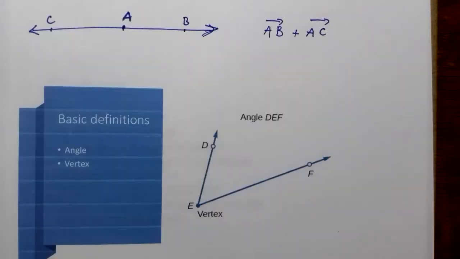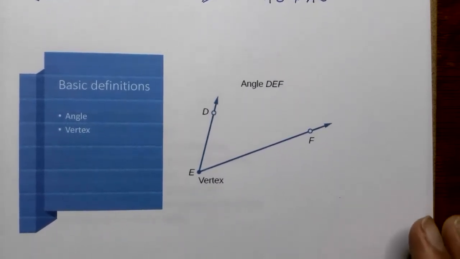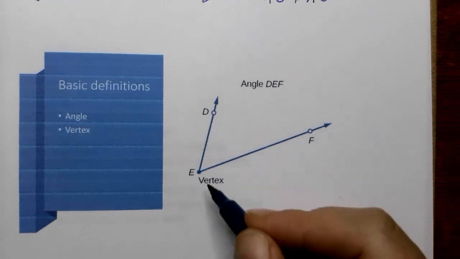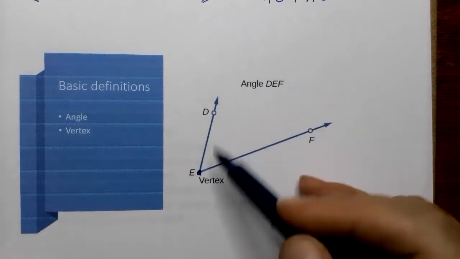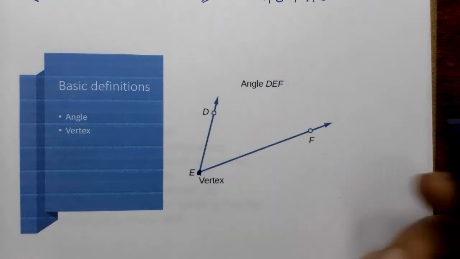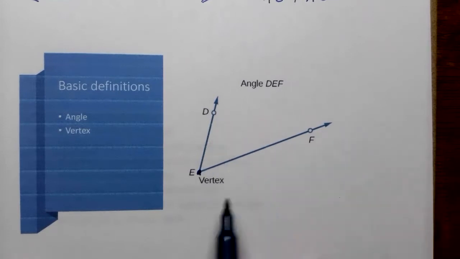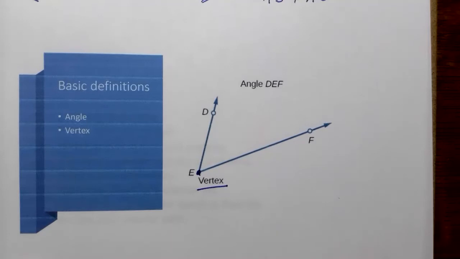All right, so now let's talk about angles. Basically, an angle is the union of two rays having a common endpoint. This endpoint is called a vertex. Here in this example, we have two rays, EF and ED, coming out of a single point called the vertex. We're going to say that these two rays are the sides of an angle.